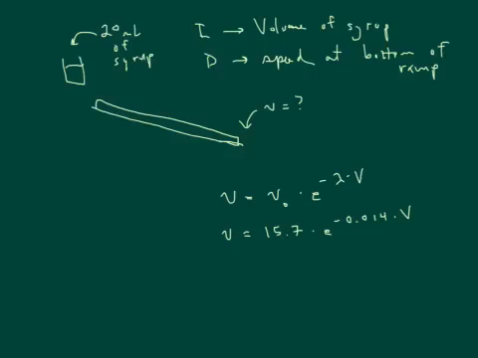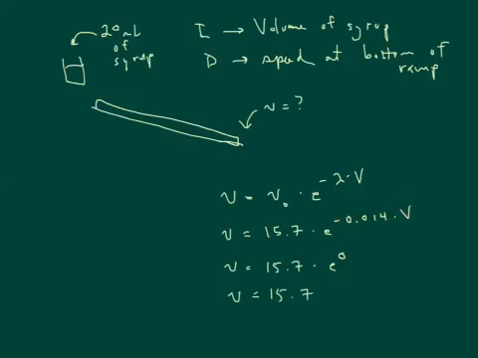Well, imagine that we set big V, the volume, to 0. When there is no syrup at all, I have negative 0.014 times 0, which gives me e to the 0, and e to the 0 is, of course, 1. So I could rewrite this equation as 15.7.